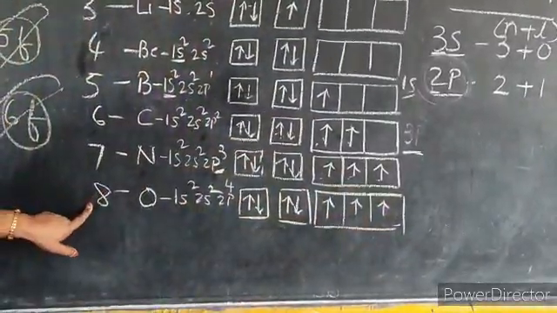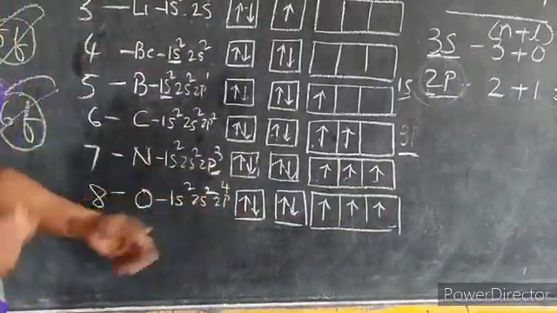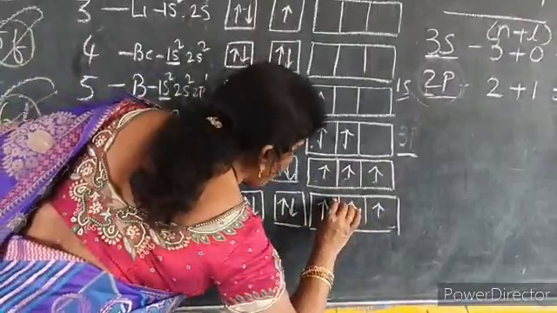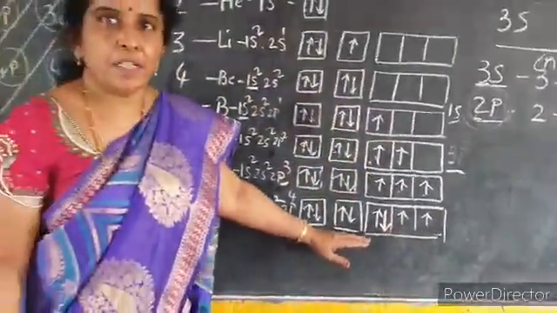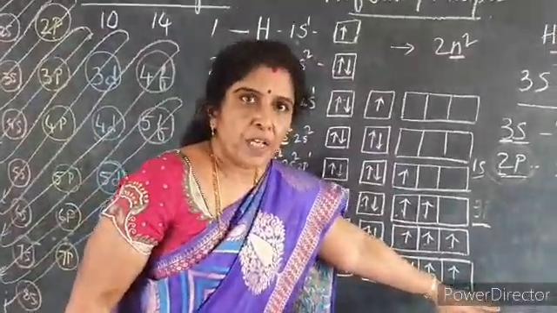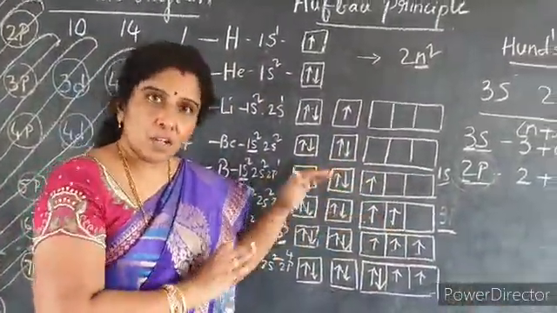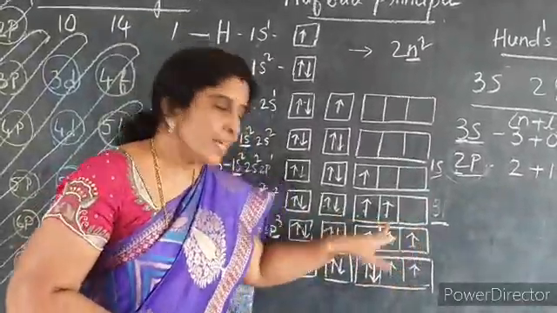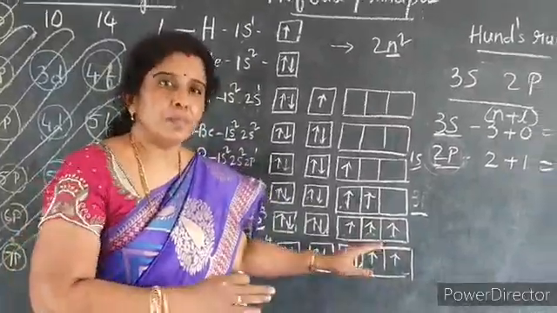But what is the atomic number? 8. So one more electron is there in p, the fourth. Now the 4th electron will go and pair with the first electron in the p orbital. Now pairing takes place. According to Hund's rule, only when the orbitals are half filled does pairing take place. So this is another rule which you have to remember.